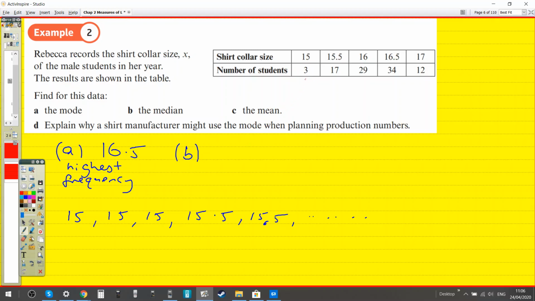So we started with 3 students, then the next would be 20. And what was the rest? 49, 83, 95. And so there were 95 students. You have to find the median student.